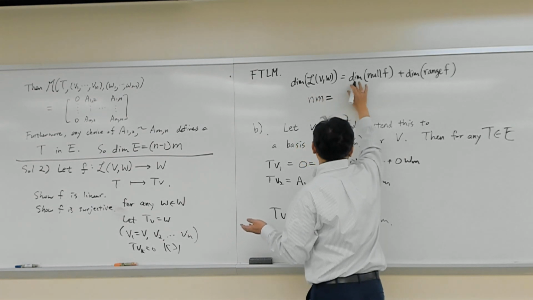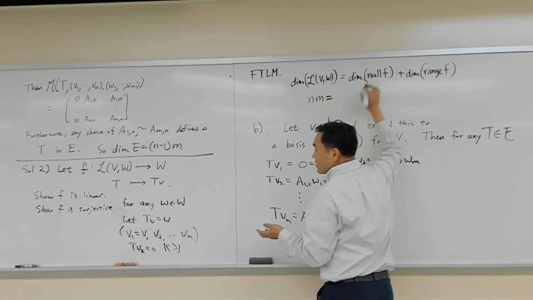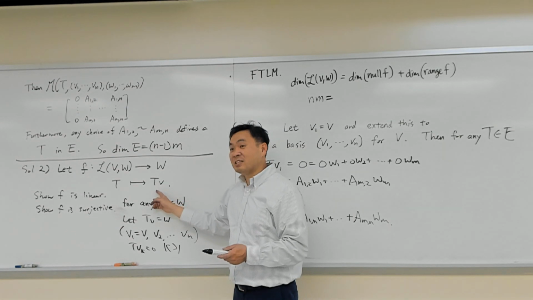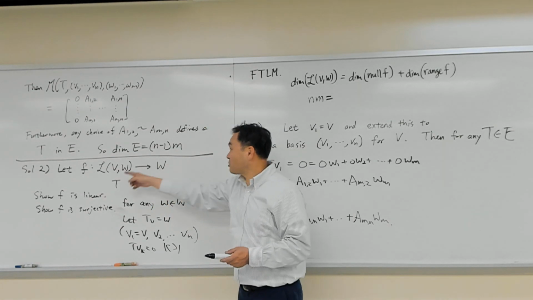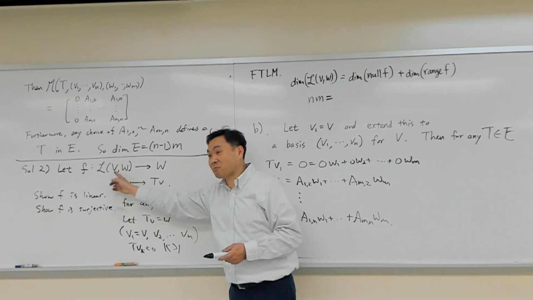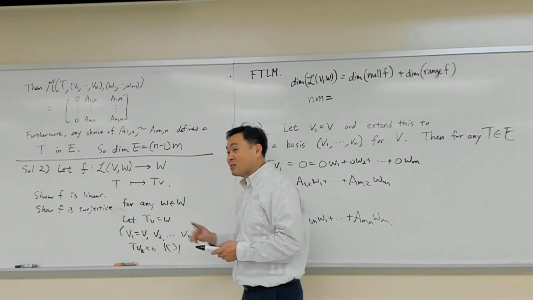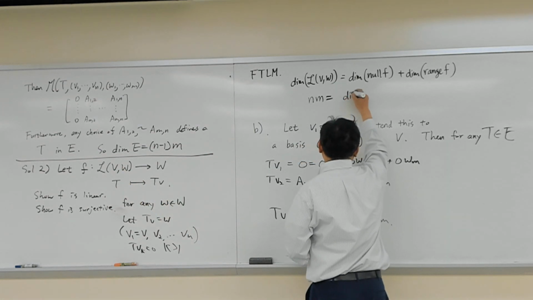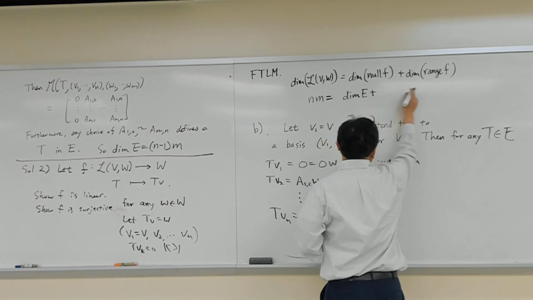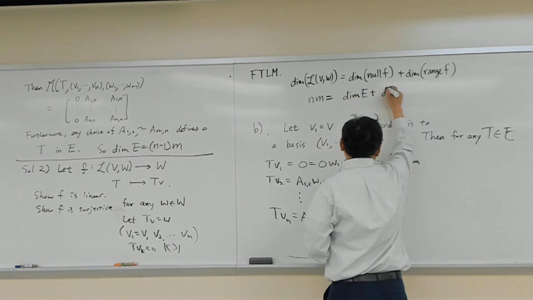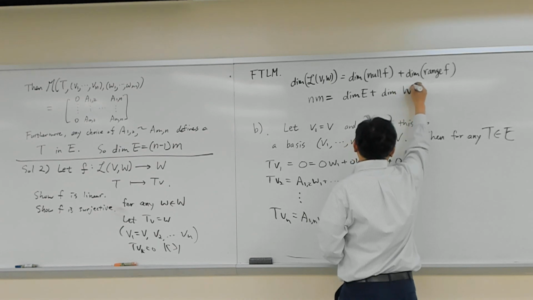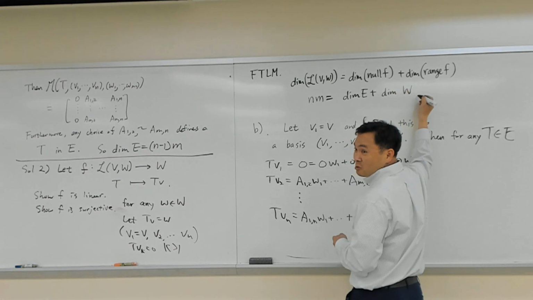And the null space of F is by definition E, the space of maps where this becomes 0. So this is the dimension of E, and the range of F is the entire W. What's the dimension of W again? It's m.